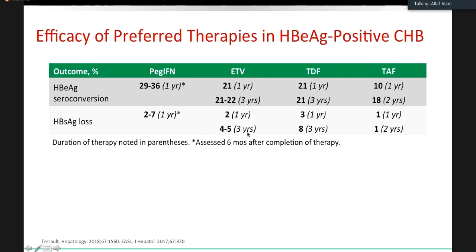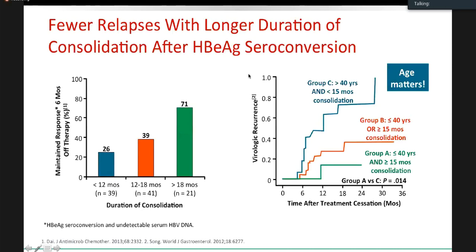Whereas in oral drugs, it is less, maximum with TDF of 8% in 3 years' time. And it goes up to about 14 to 15% after 8 years of treatment. So it does happen in E antigen positive patients, but is very rare and less common than interferon.